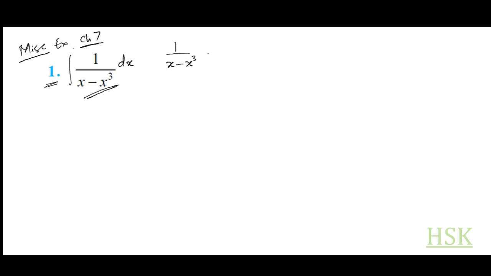Now to simplify this, I'm going to convert this expression into its partial fraction. So I'm going to first of all write this as 1 upon 1 minus x square, which can be further written as 1 upon x into 1 minus x into 1 plus x.